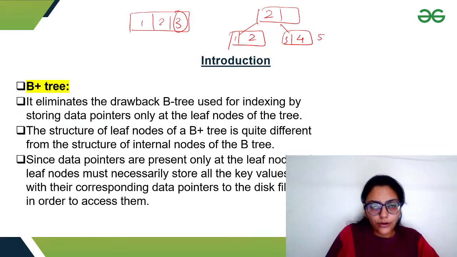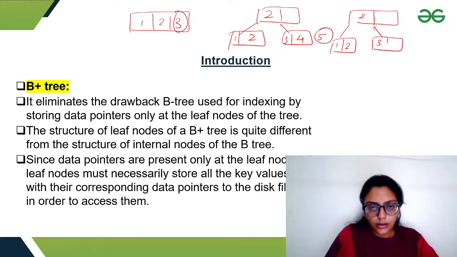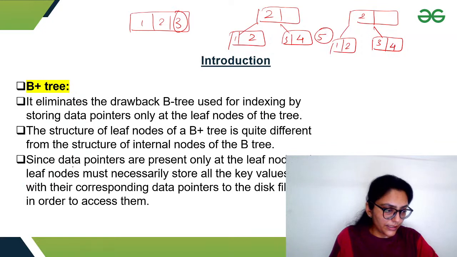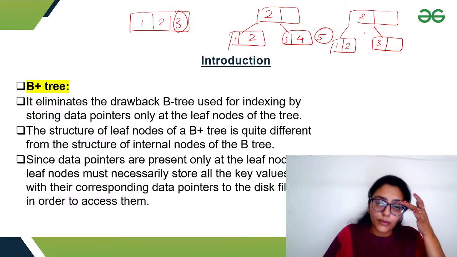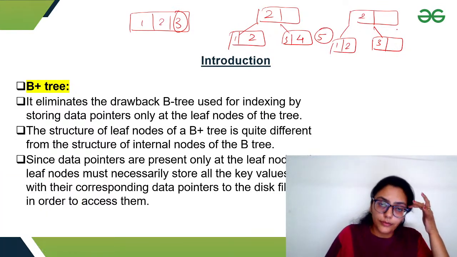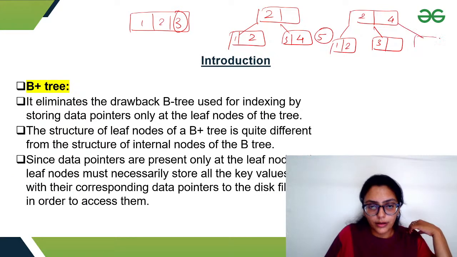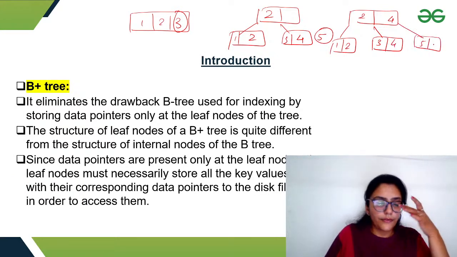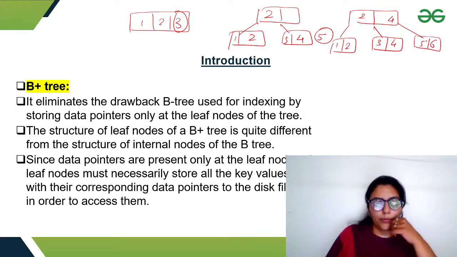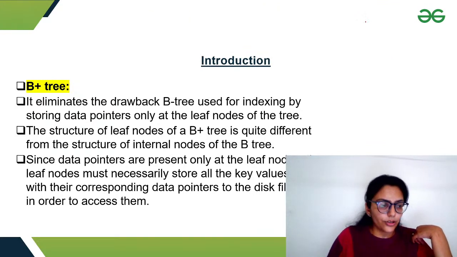Now when I am entering 5, it will be overflow over here, so it will be like say this 2, then 1, 2, here 3, 4, not 4 over here because it is splitting. So 4 will be above, here it will be 4 and 5. Now if I enter in 6, there is no split. So this is how you can insert an element into B trees.